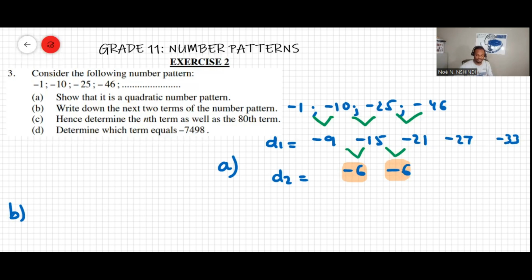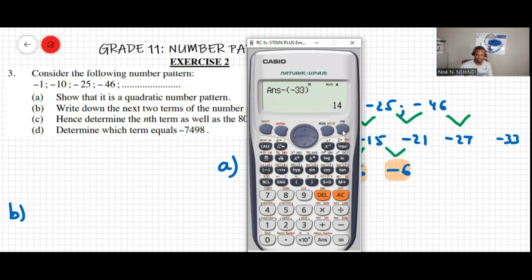Then we can find the other terms by doing -46 plus -27, and that makes -73.